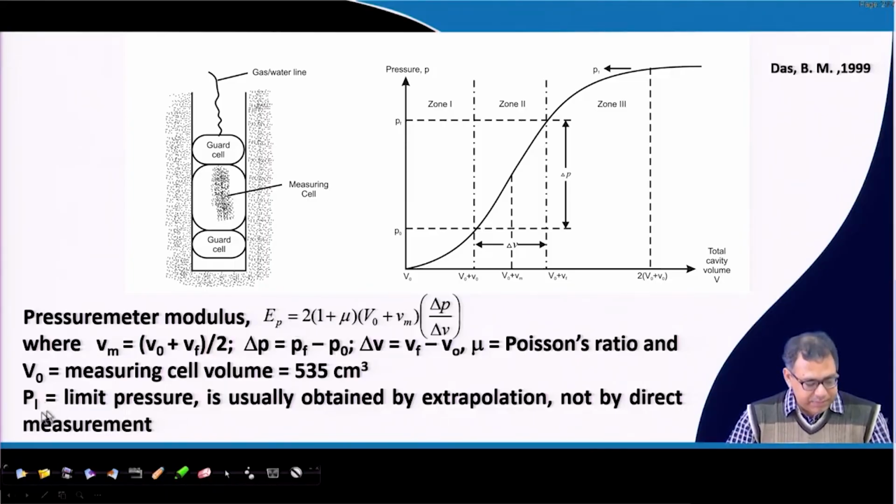As I mentioned, the limit pressure PL is usually obtained by extrapolating, not interpolation. It is extrapolation because it is outside the plot. So, please correct this: it is extrapolation, because I have to extend this, as maybe your test ends here.